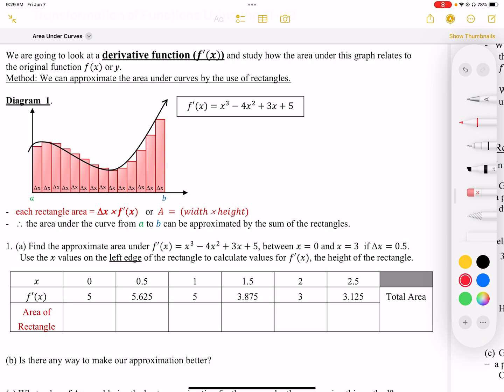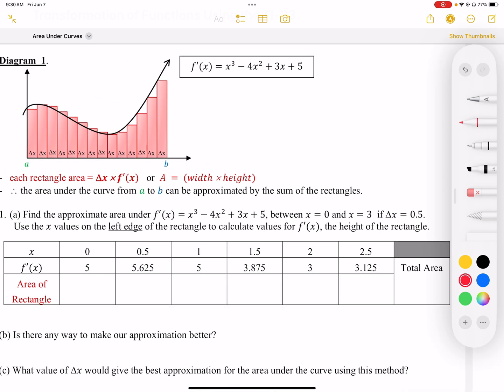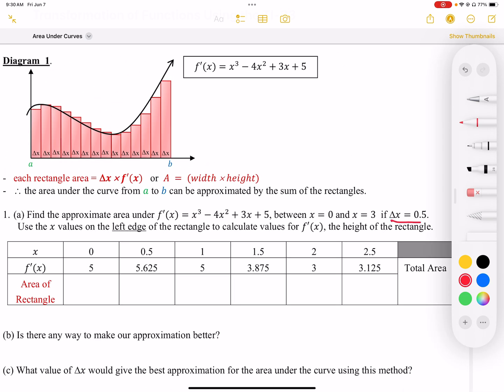So for the first rectangle, we have the height of 5, and since the width we've chosen to be 0.5, we're using 0.5 as the width of the rectangle.